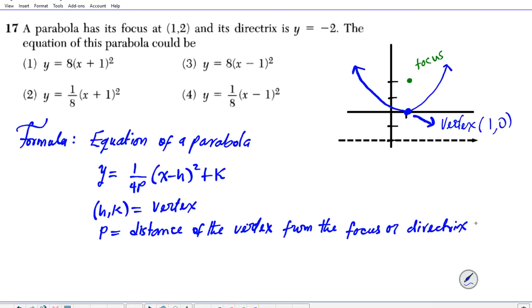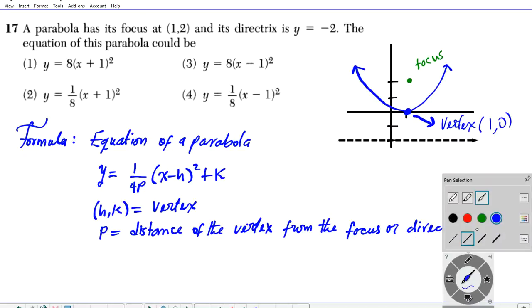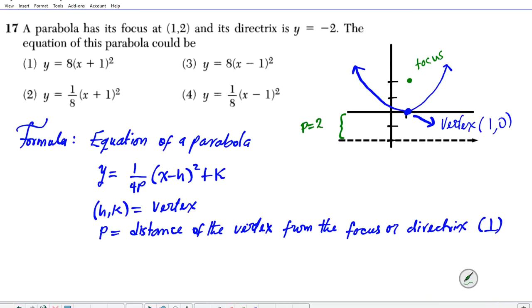For the directrix, we are looking at perpendicular distance, okay? Not just any distance, the perpendicular distance. So the question is, how far is this directrix from this vertex? What is this distance right here? That is our p-value, and as you can see, it's 2 units. So this graph helps us see that p is equal to 2, and that's our vertex right there.